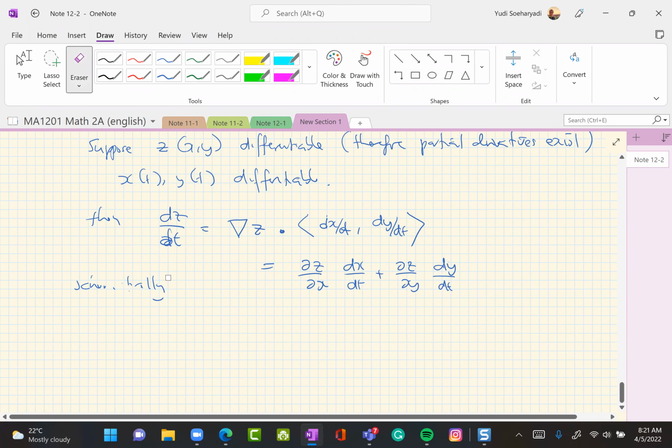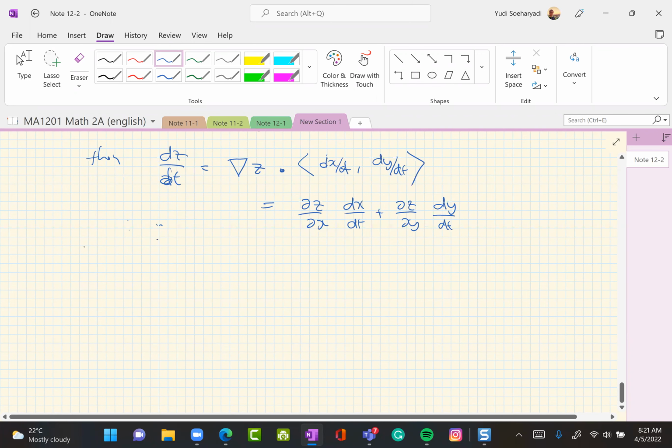And schematically, you should get something like this.